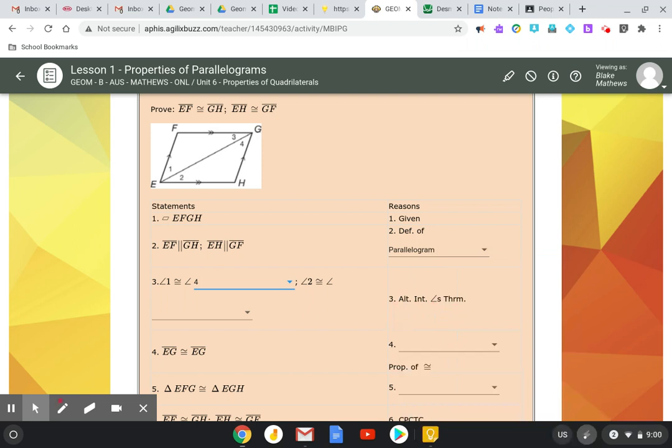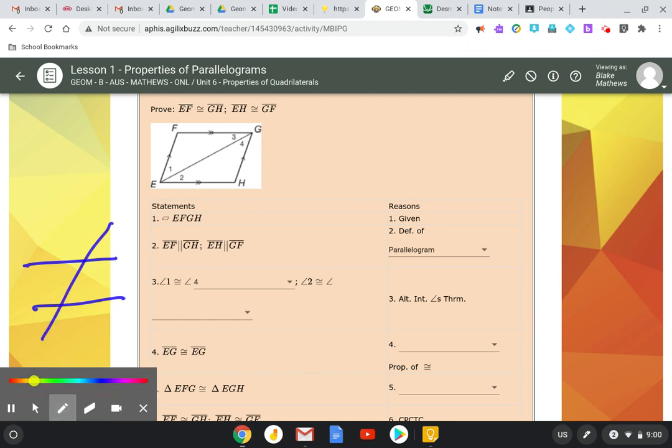The alternate interior angles theorem was a theorem that you learned back in the early stages of geometry. And it said that when you have two parallel lines and a line going through them, then there are congruent angles here, and there are congruent angles here.